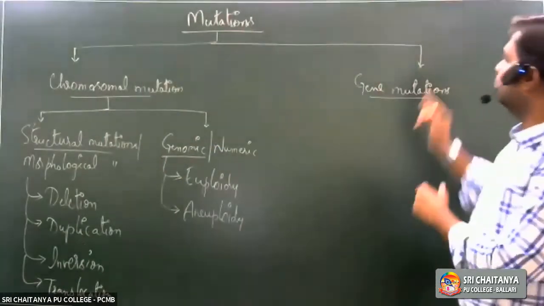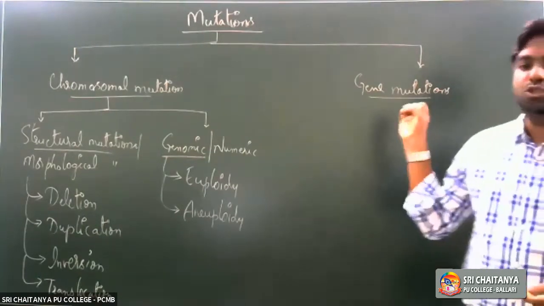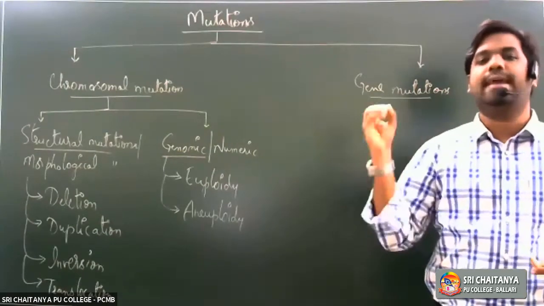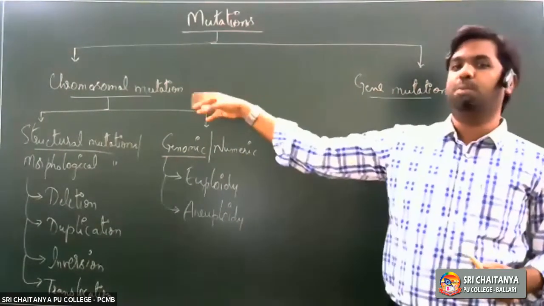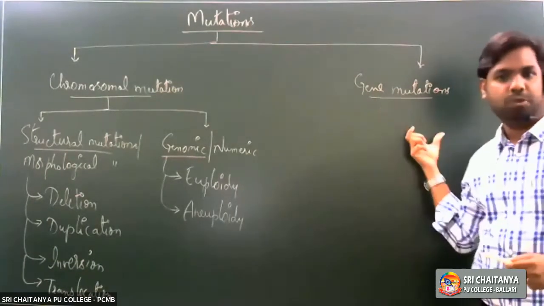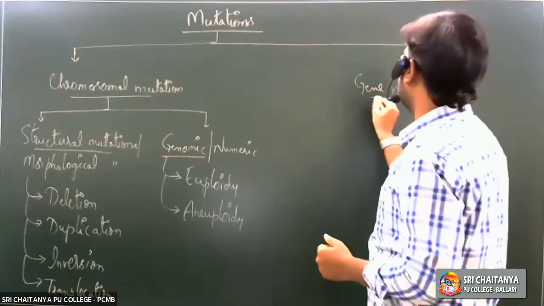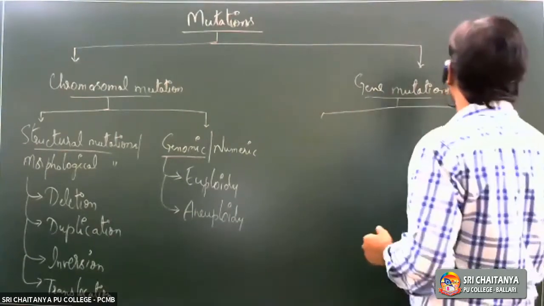Next, talking about gene mutation. As we have already said, if there are changes happening in the gene and not in the chromosome, such mutation we call gene mutation. Under gene mutation, we have three different categories.